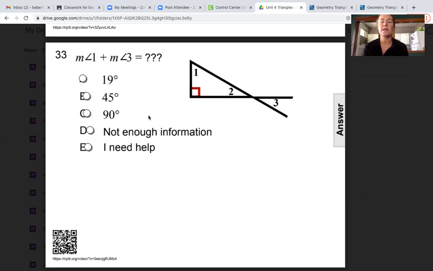Question 33. What do you know about angle 2 and 3? What is a vocabulary word that would describe angle 2 and angle 3?